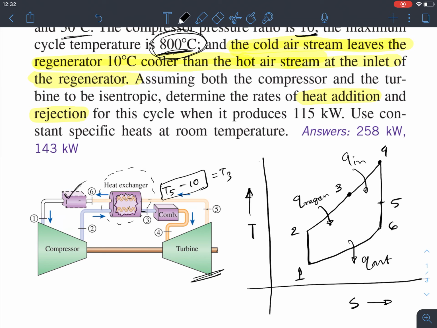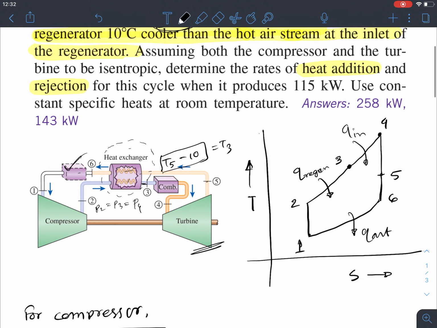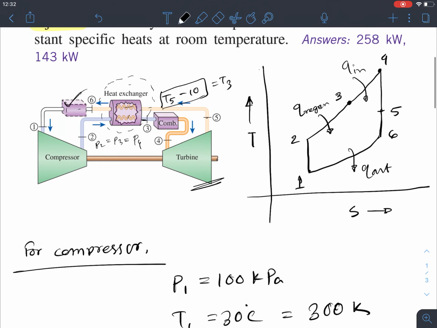That means P5 and P1 are the same, and P4 and P2 are also the same, because of the combustor. We know the heat addition is a constant pressure heat addition. Since the heat exchanger does not change the pressure, P2 equals P3, which equals P4, because all of them are constant pressure heat addition or heat exchanging.